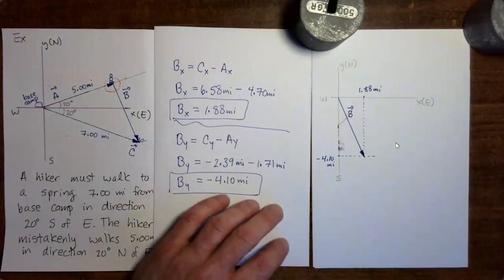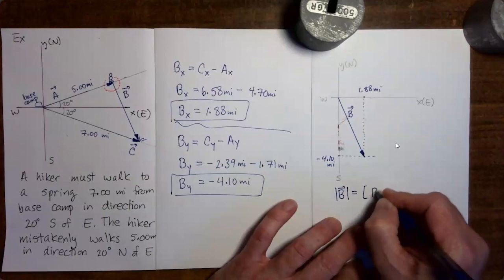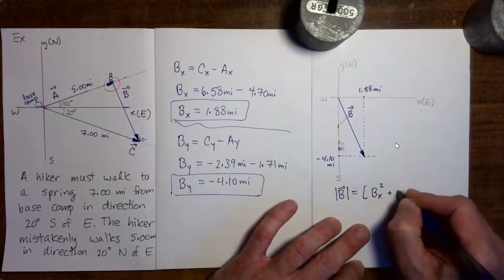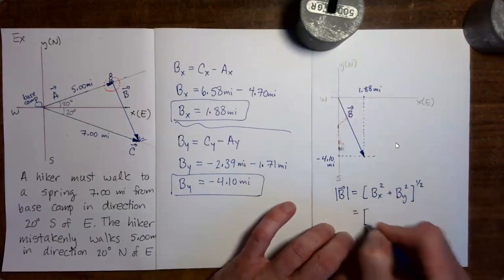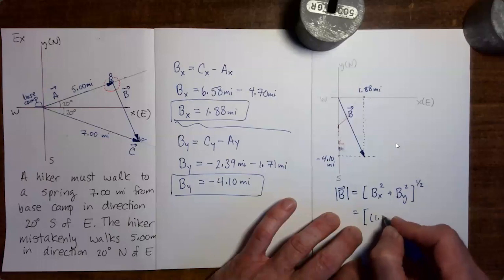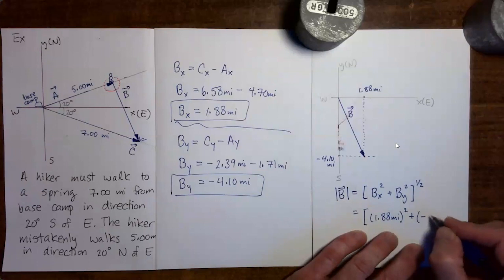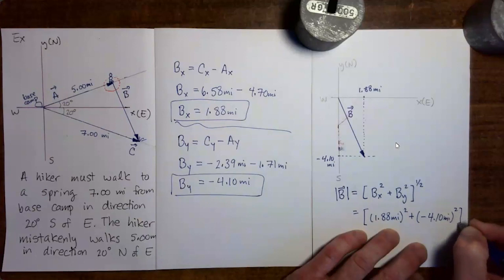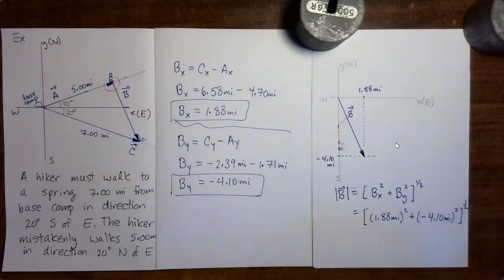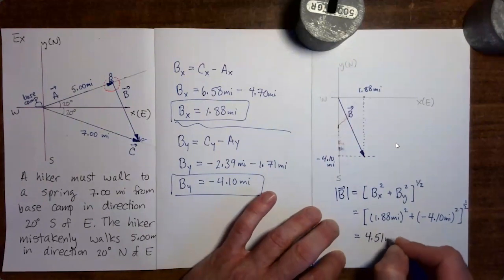Now, as far as the magnitude, we can just use the Pythagorean theorem. So the magnitude of vector B would be the x component of B squared plus the y component of B squared and then square root. Now let's make our substitutions. We have 1.88 miles squared plus minus 4.10 miles squared and then square root. This gives us 4.51 miles.